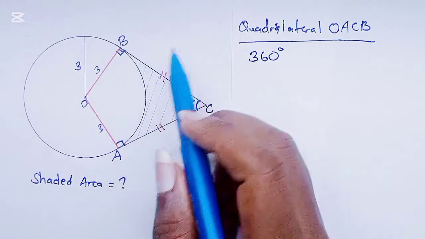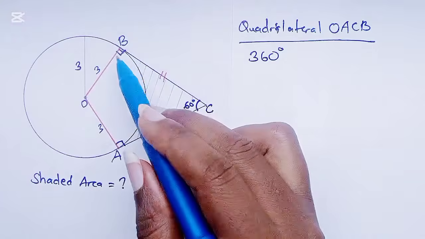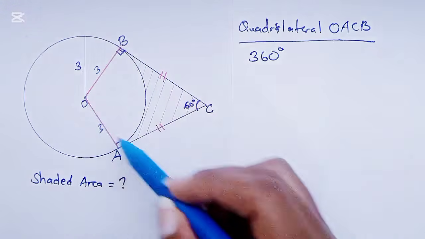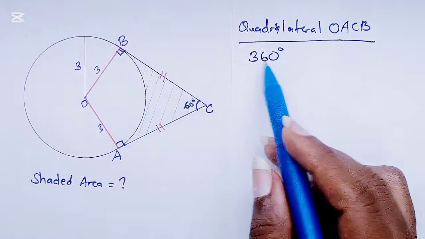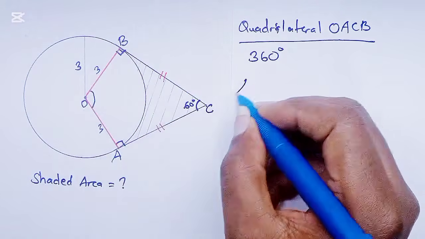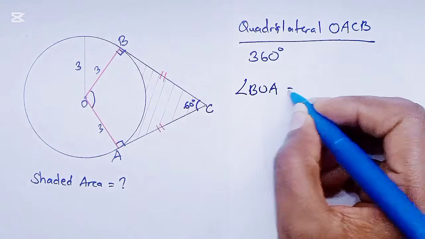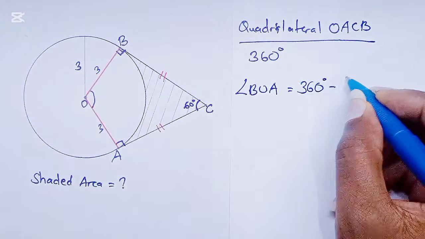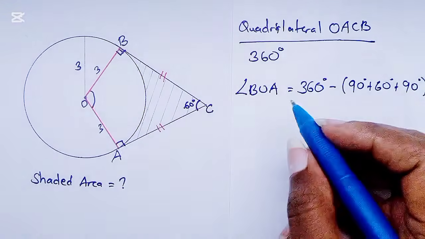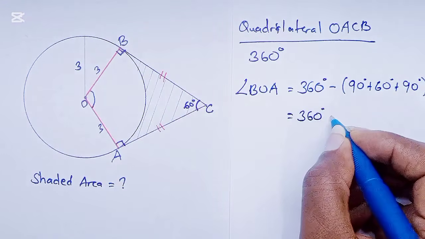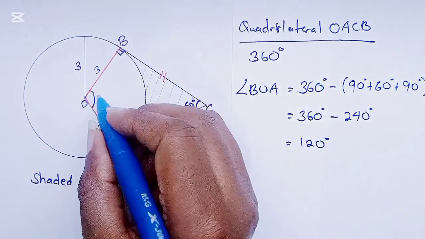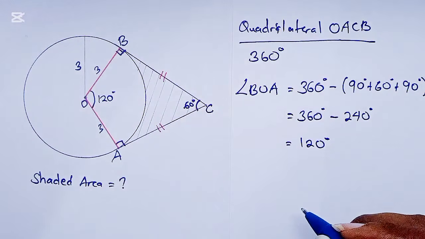Since this angle OBC is 90 degrees, this is 60 degrees, and this is 90 degrees, and the sum of the interior angles of the quadrilateral is 360 degrees, angle BOA will be equal to 360 degrees minus (90 plus 60 plus 90) degrees, which is 360 minus 240, which gives us 120 degrees. So this angle is 120 degrees.